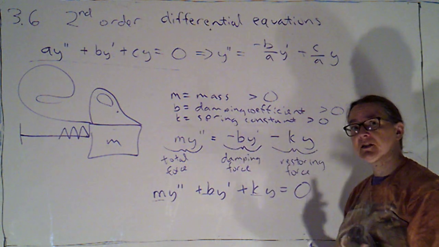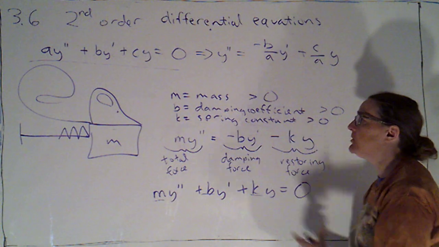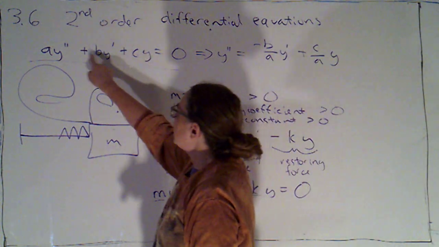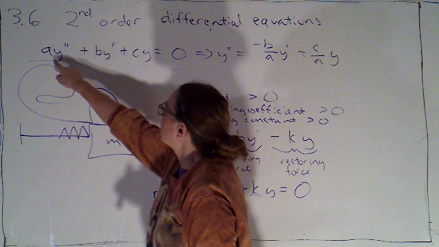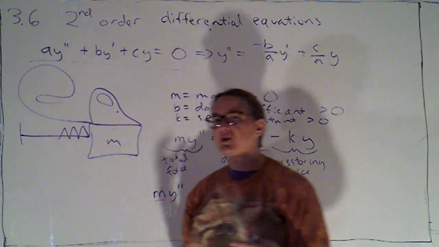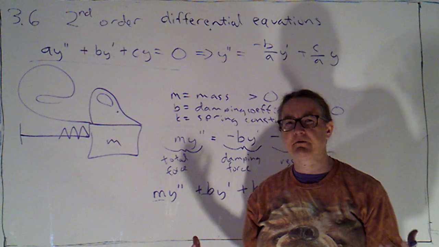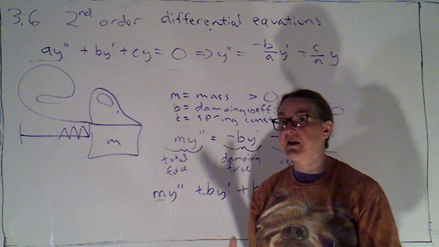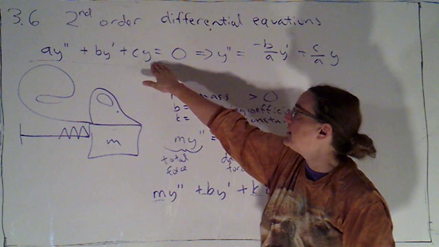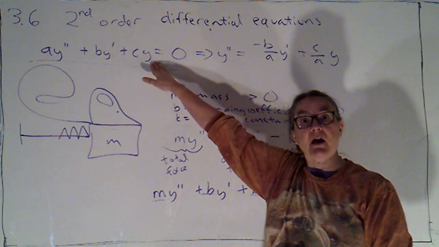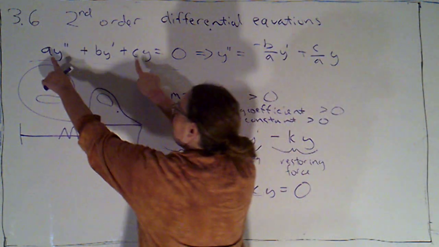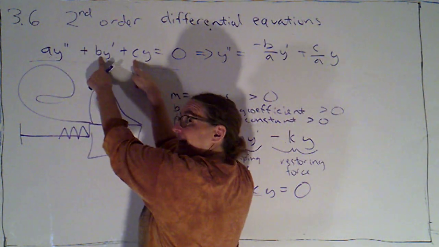Okay. So if I'm trying to model a real world situation, I will use the rule that all of my parameters are positive. But here, I'm not really modeling a situation, I'm just trying to describe a generic differential equation. And so A, B, and C are allowed to be negative in studying the generic case. So some of the problems that we do will correspond to harmonic oscillators if A and C are positive and B is non-negative.